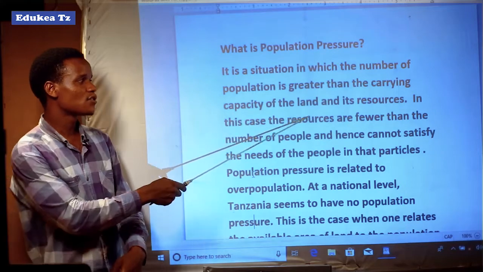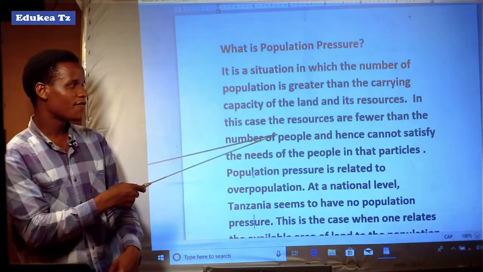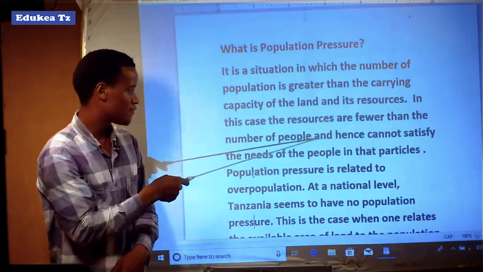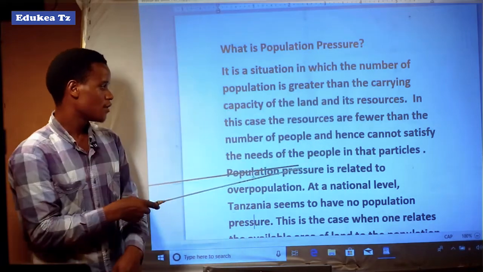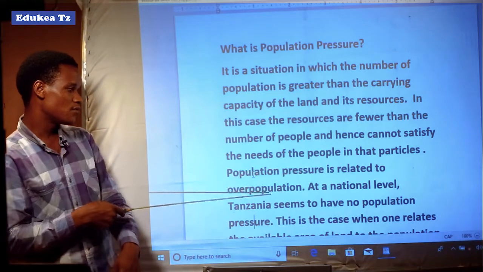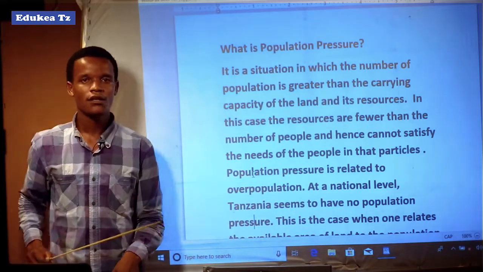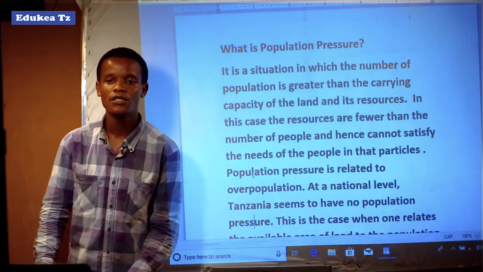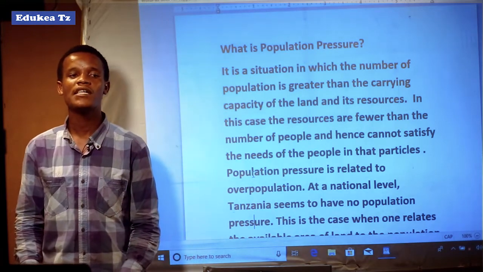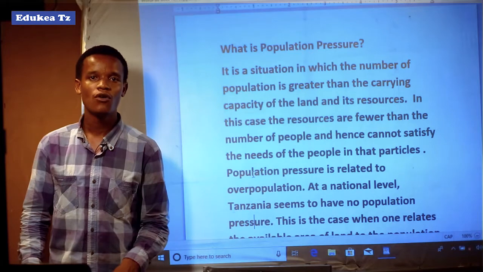In this case, the resources are fewer than the number of people and hence cannot satisfy the needs of the people in that place. Population pressure is related to overpopulation. When we say overpopulation, we mean that the number of people is large compared to the available land.